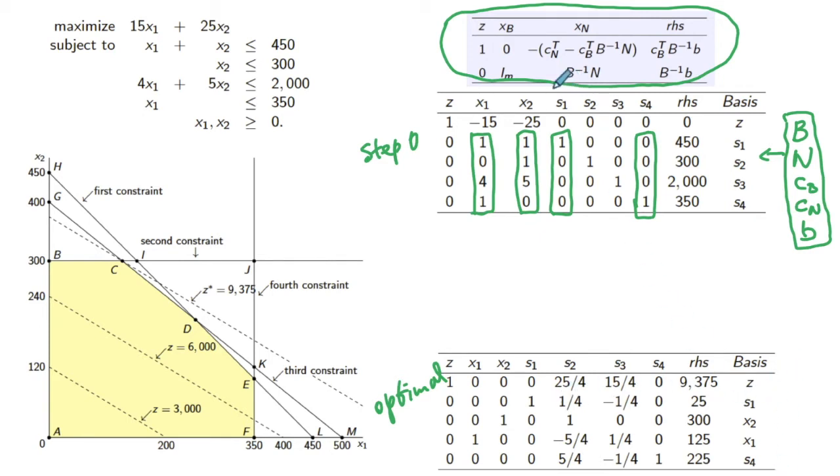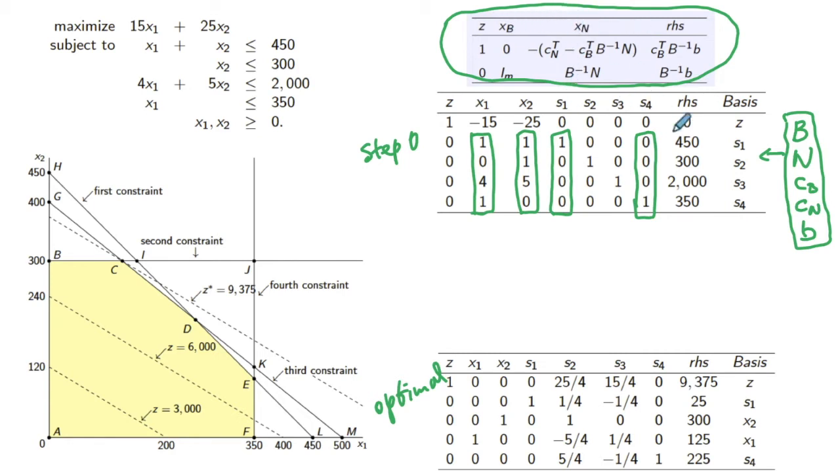But if you want to read the information specified here in these formulas directly from our tableau, we need to make sure that the order that we have for the columns coincides with the order that we have for the rows. Only then can we guarantee that we can read B inverse from the columns corresponding to the slack variables and B inverse times N from the columns corresponding to the non-basic variables.